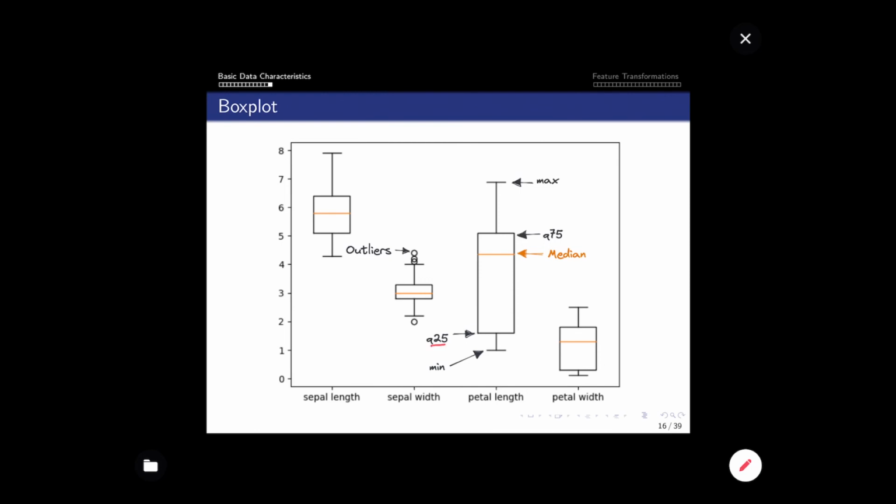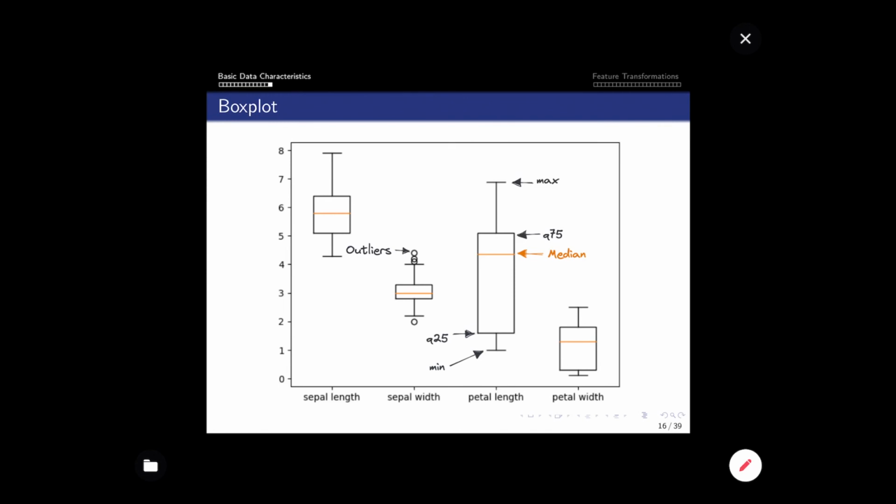So the 25% quantile indicates the value here, which is, for example, 1.5 or so. That means that 25% of my observations actually have a value smaller than or equal to 1.5, and the median is actually the 50% quantile. So that means that 50% of the data lie below the value 4.1 or whatever it is.